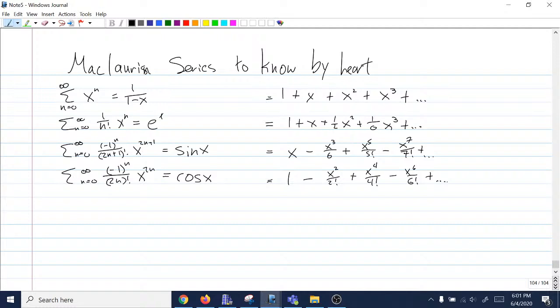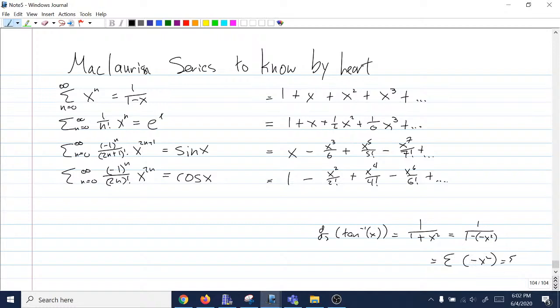Any other ones to know? A lot of books will put tangent inverse. I never have the tangent inverse one memorized, but you can take the derivative of tangent inverse. We did this last time. It's 1 over 1 plus x squared. It's 1 over 1 minus negative x squared. That's a sum of negative x squared to the n.